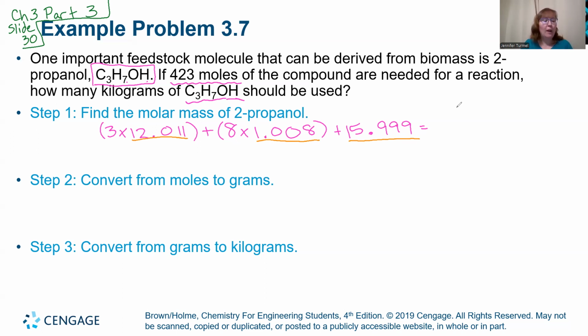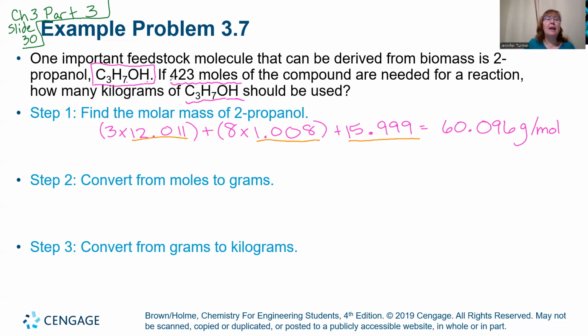All right. So when we work this through, what we end up getting here is 60.096 grams per mole. And that's our molar mass. And now step 2 says convert from moles to grams.